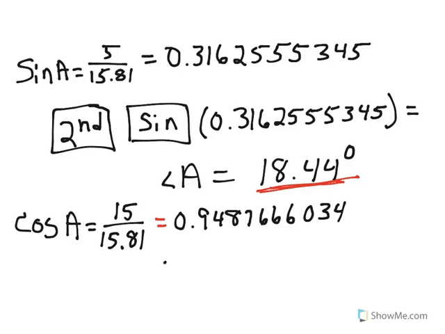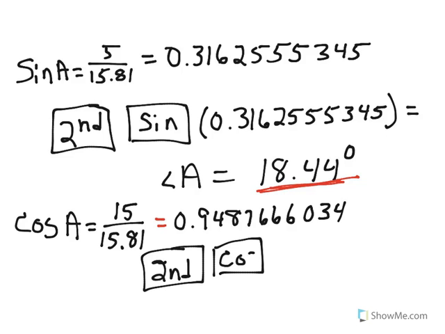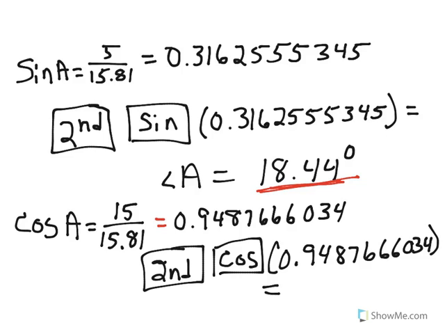So now we are going to hit our second key, or shift key. Then we hit the cosine key, and then we type in this value, 0.9487666034, and then hit equals. And again, round it off to hundredths.